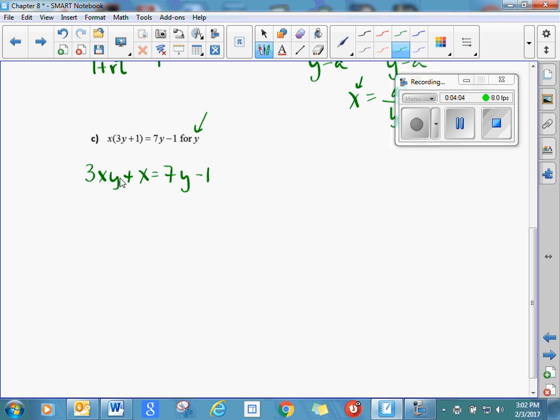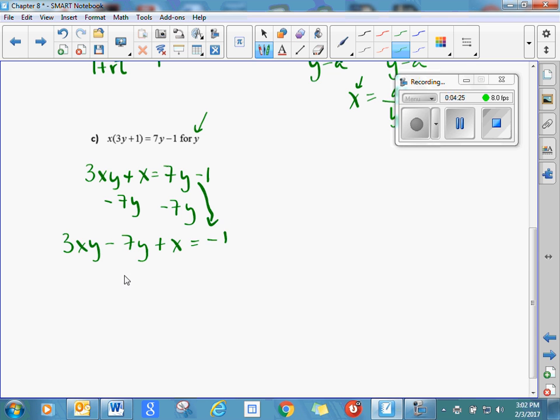So we need to get these y terms together, so I'm going to subtract 7y from both sides. And now I have 3xy minus 7y plus x. None of these terms can be combined; they're not alike. On this side, I have just the minus 1 that's left. Don't forget that negative sign.